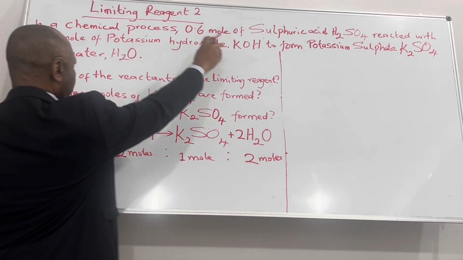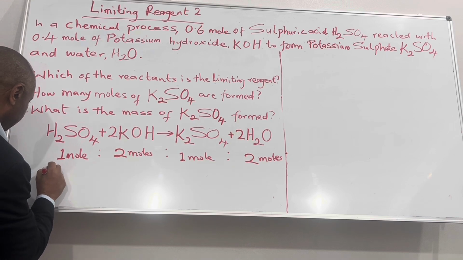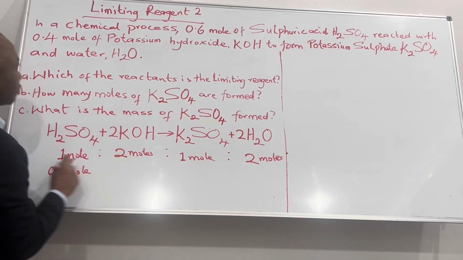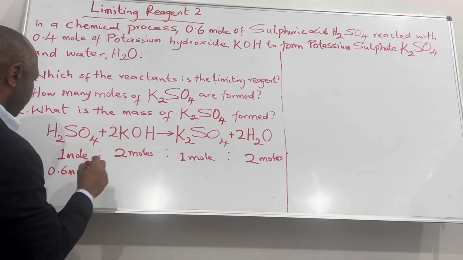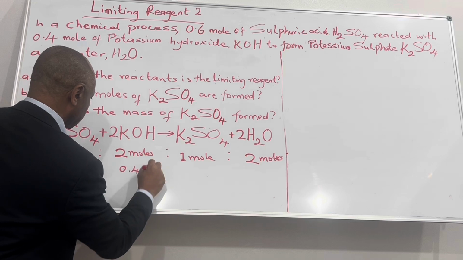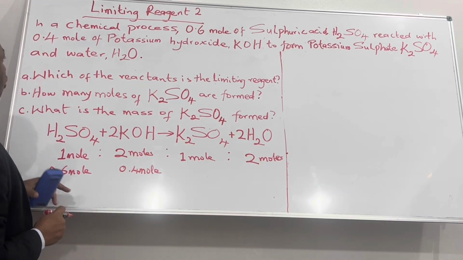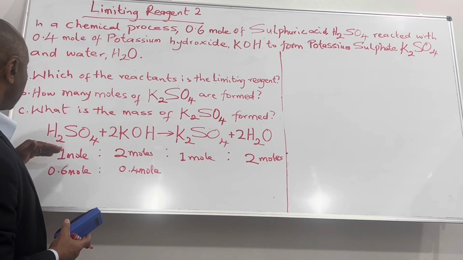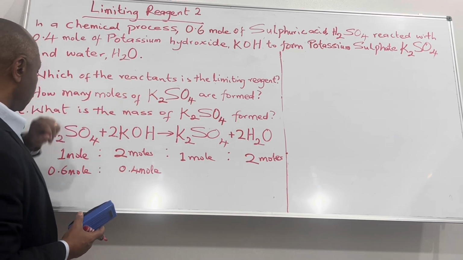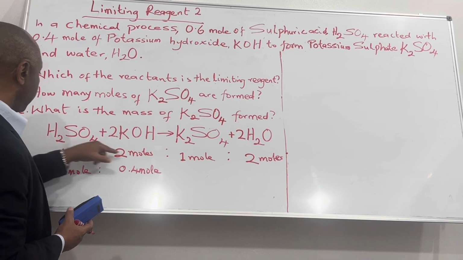Now in the statement we have that 0.6 mole sulfuric acid reacted with 0.4 mole potassium hydroxide.